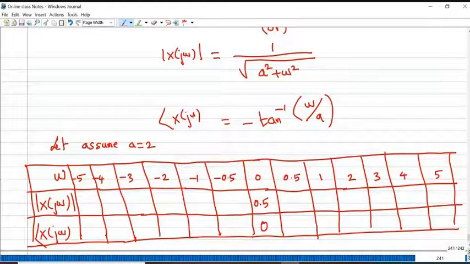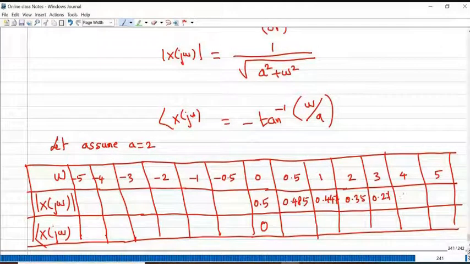Substitute omega 0.5 here, then you will get the value 0.485. Use the calculator. For 1, you will get 0.447. You will get 0.35, you get 0.27. Verify these values with the help of your calculator. 0.22, 0.185.